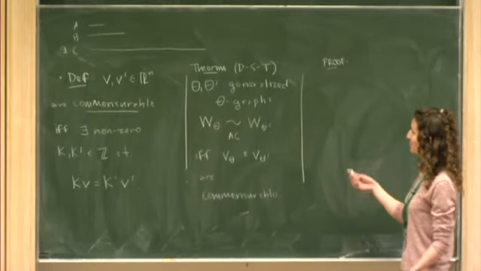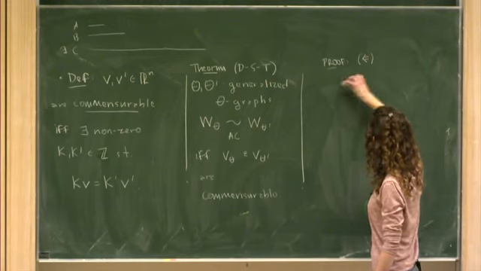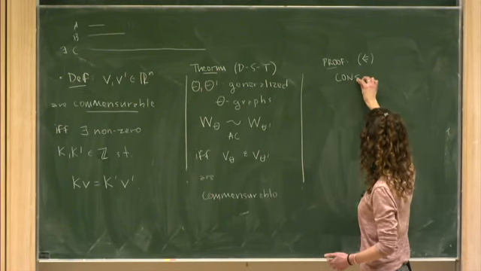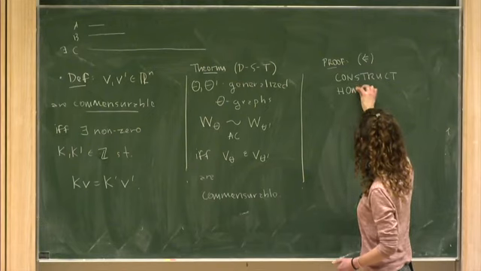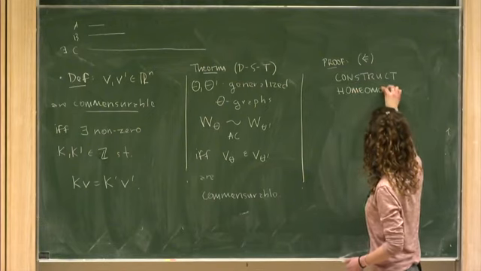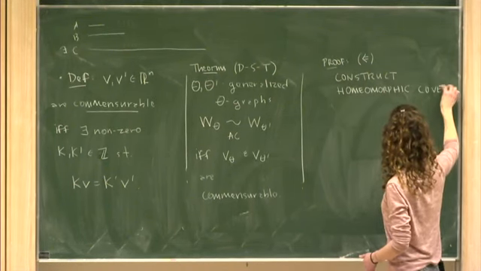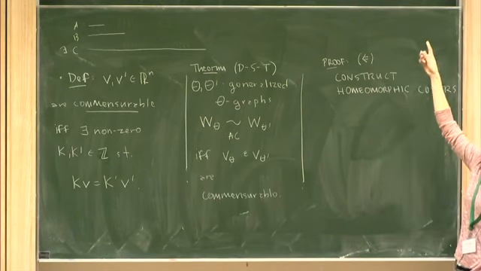So to prove the theorem, one direction is constructive. If the two groups have commensurable Euler characteristic vectors, we construct homeomorphic covers of the orbicomplex I've drawn above.